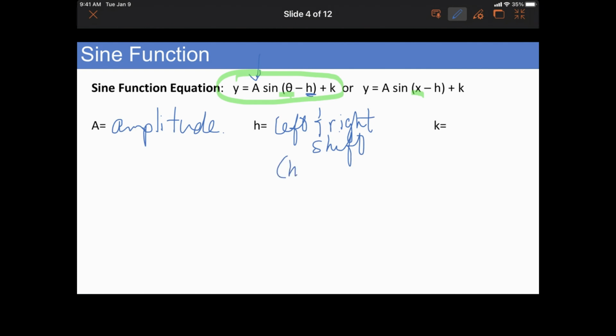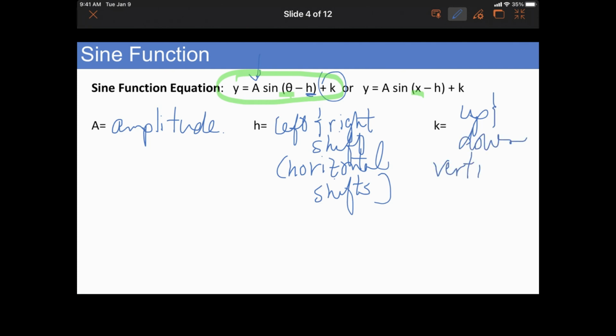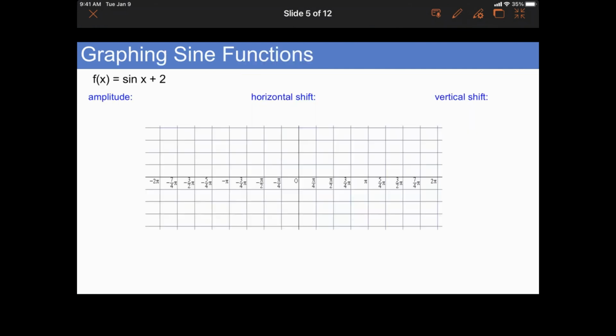So these are called horizontal shifts. And K is up and down, right? It's one at the end. And we call them vertical shifts. Now the textbook will use different variables, and so will online, on the web. So they may use Greek letters instead. Okay, so now let's practice graphing.